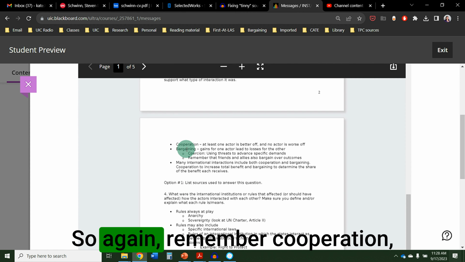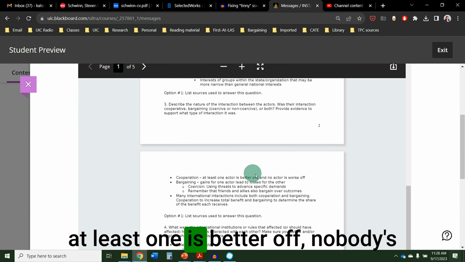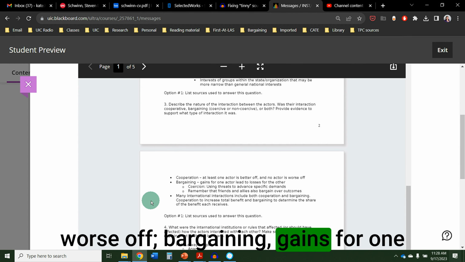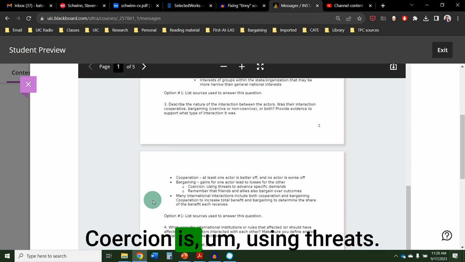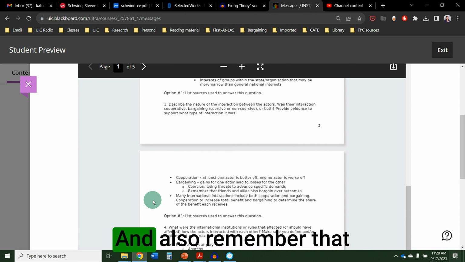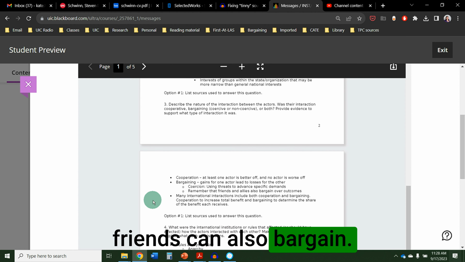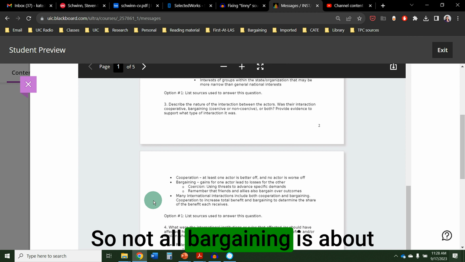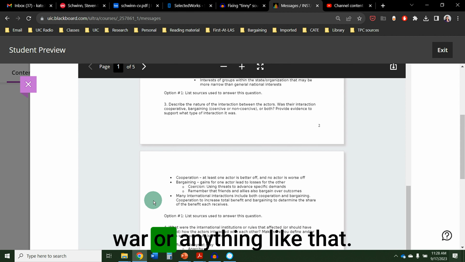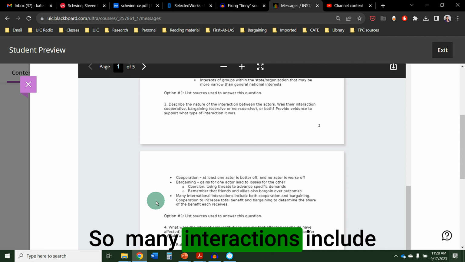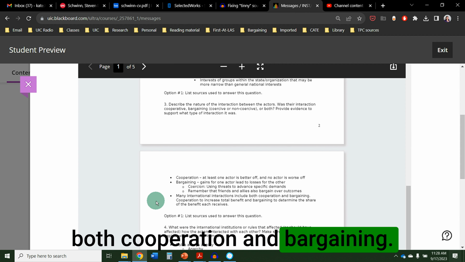So again, remember, cooperation: at least one is better off, nobody's worse off. Bargaining: gains for one actor lead to losses for another. Coercion is using threats. And also remember that friends can also bargain. So not all bargaining is about use of force or potential war or anything like that. Many interactions include both cooperation and bargaining.